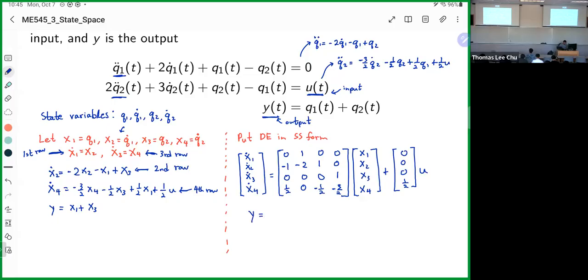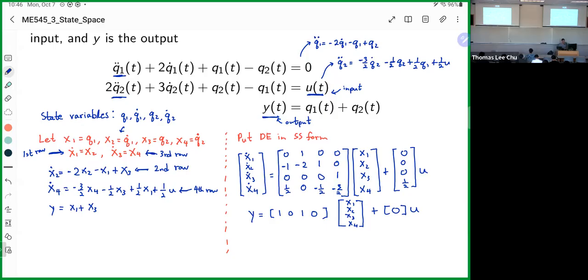Then our output is x1 plus x3, so it's 1, 0, 1, 0 multiplied by x1, x2, x3, x4. And there's no feed forward input. Maybe I'll just write this. So that's our state space form.